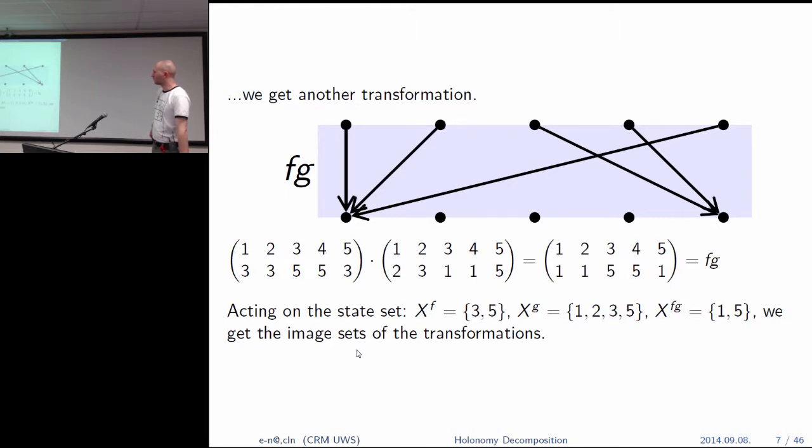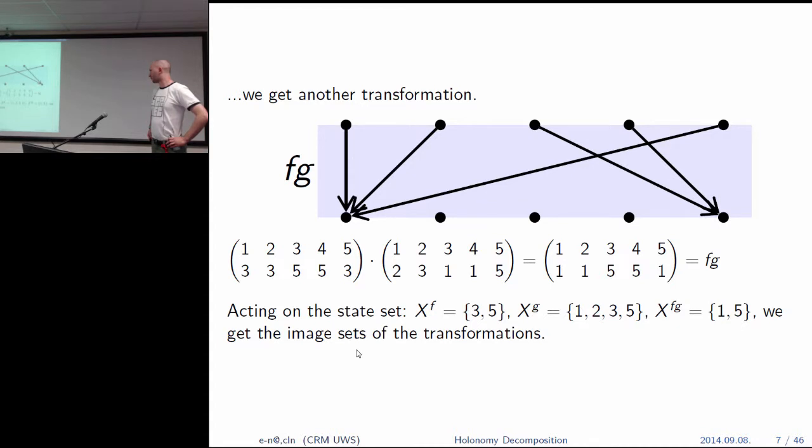One thing I would like to mention, a property of an individual transformation, is the image set of the transformation. You can see that the image set of transformation f is just the set {3, 5}, while the image set of g is {1, 2, 3, 5}.